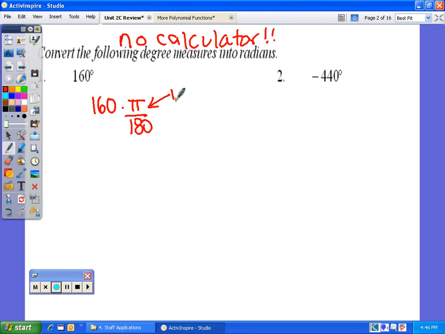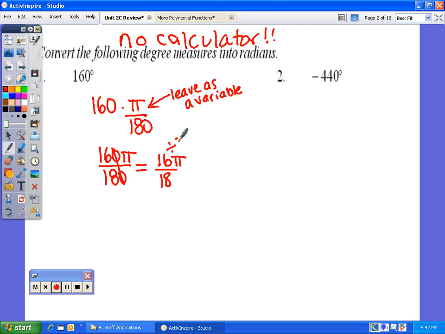Leave this as a variable. And since you can't use your calculator anyway, you shouldn't really worry about pressing the pi button. So your answer would be 160 pi over 180, which if you cross out the zeros is 16 pi over 18. These both are divisible by 2, and that's why the final answer is 8 pi over 9.